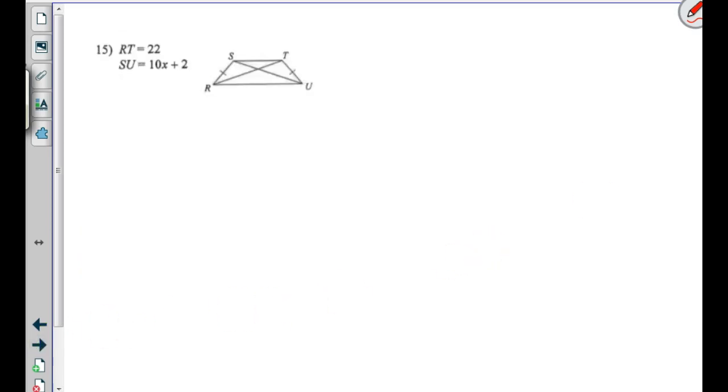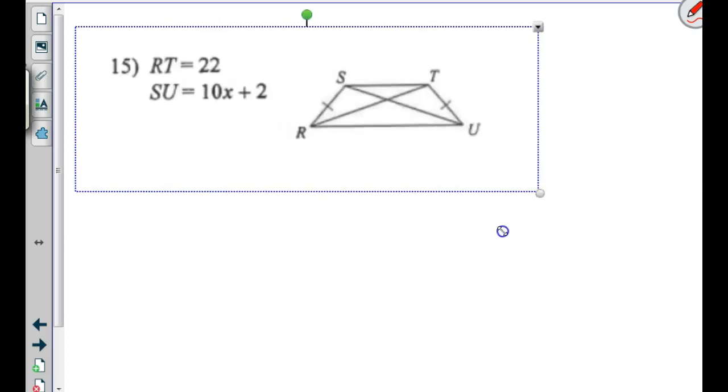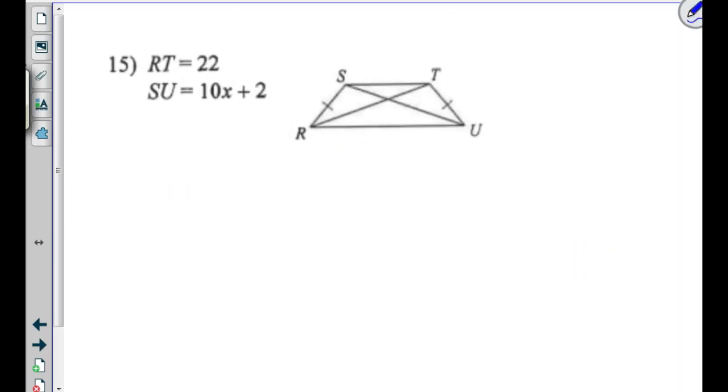All right, let me see if I can make this guy bigger. This is talking about, again, an isosceles trapezoid. These are equal. R to T is this diagonal going all the way across, and SU is this diagonal going all the way across. And if you look at the properties of trapezoids in your notebook, not sure what page trapezoids are on, I should know that, but diagonals are equal.